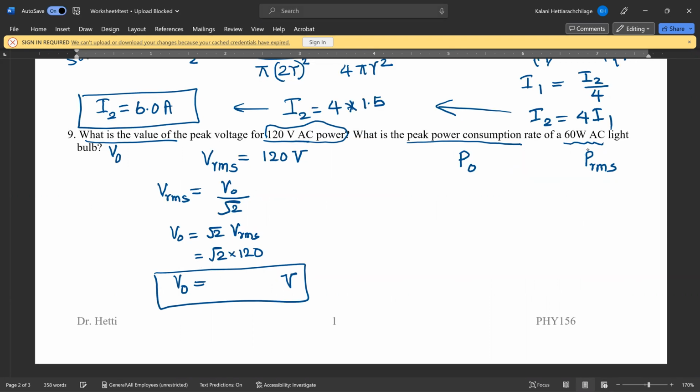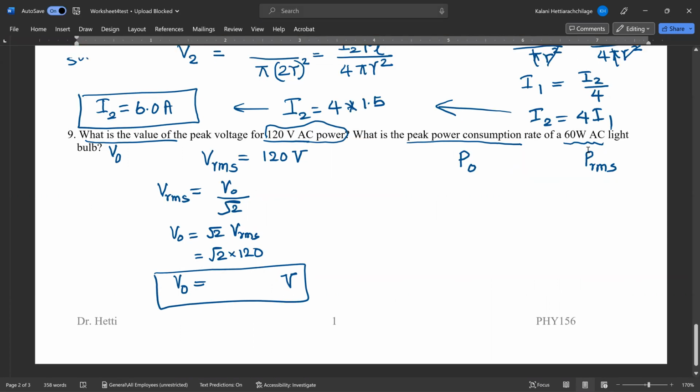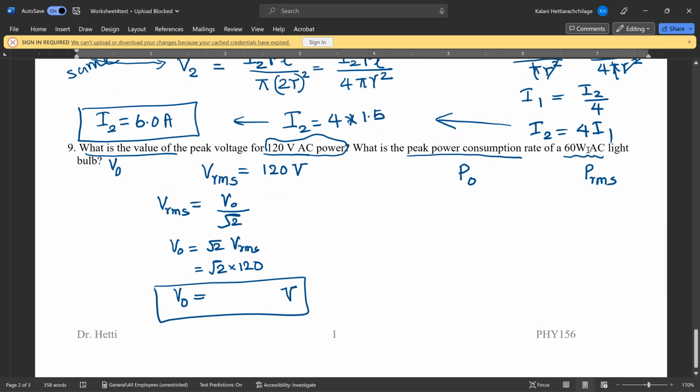Peak value is not able to observe in your multimeter. That will be observed by using your oscilloscope in AC signal. Okay, so this value is equal to 169.7 volts.